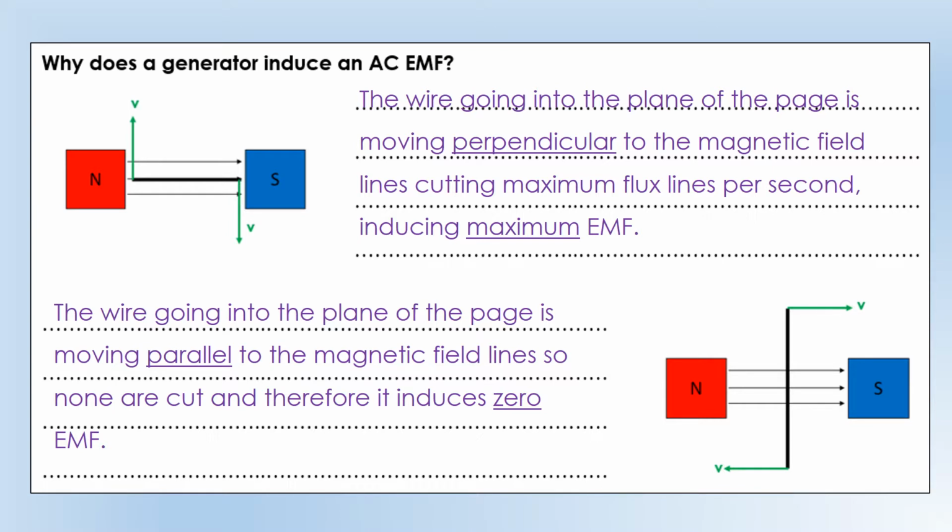So you'll notice this velocity arrow and the field lines are in the same direction. So no magnetic field lines are being cut, and so no current or EMF is induced in this position. So we've gone from here, producing maximum EMF, it rotates 90 degrees and it produces no EMF. So we're starting to see how we produce the alternating pattern.